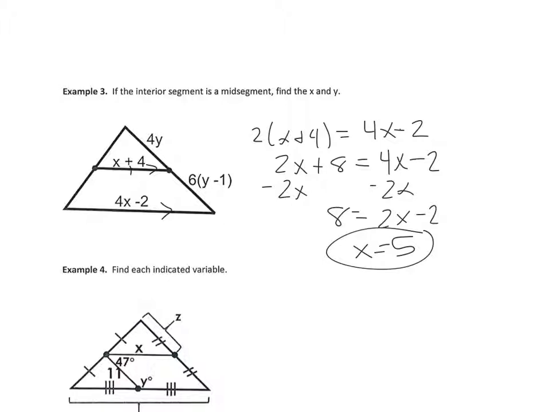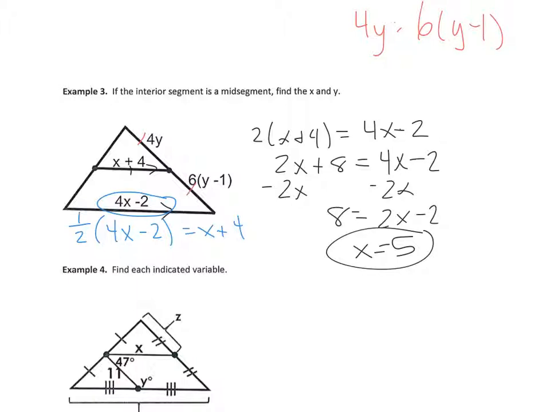And you could have also done it a second way. A second way would be to take half of 4x minus 2 and set it equal to x plus 4. Same thing. I'm avoiding working with fractions, so that's why I'm doing it the other way. And then the y's, you know that this is the midpoint, so you know that 4y has to equal 6 times y minus 1.